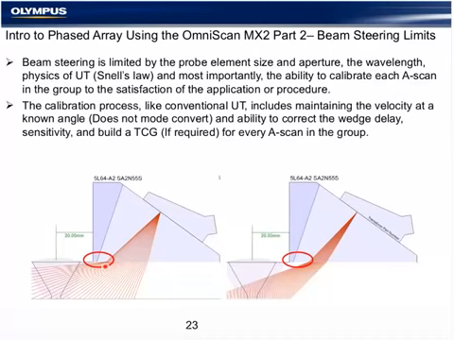The size of the elements in the probe are the main determining factor on how the beam can be steered beyond its natural angle. But again, a shear wave wedge at 55 degrees is typically calibrated between about 30 and 75, depending on the type of calibration reflector and use in the normal code calibration blocks.